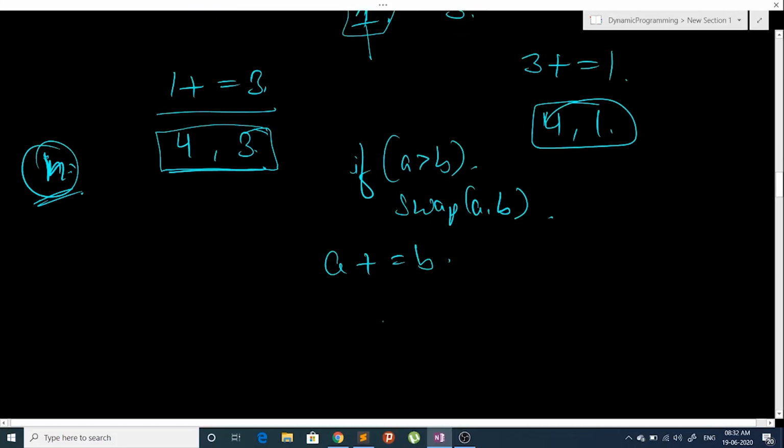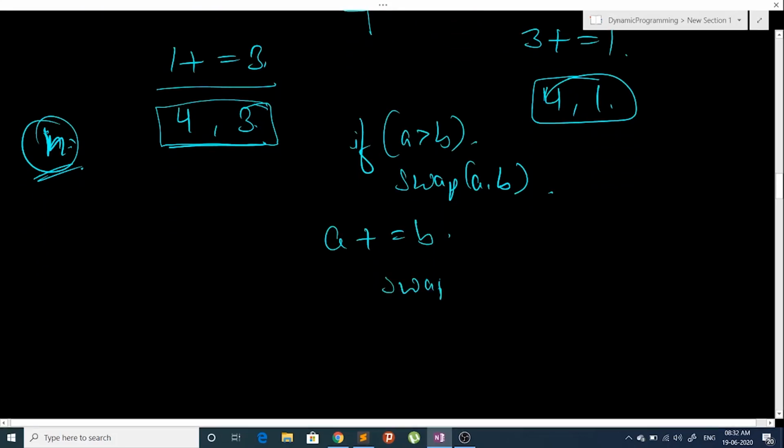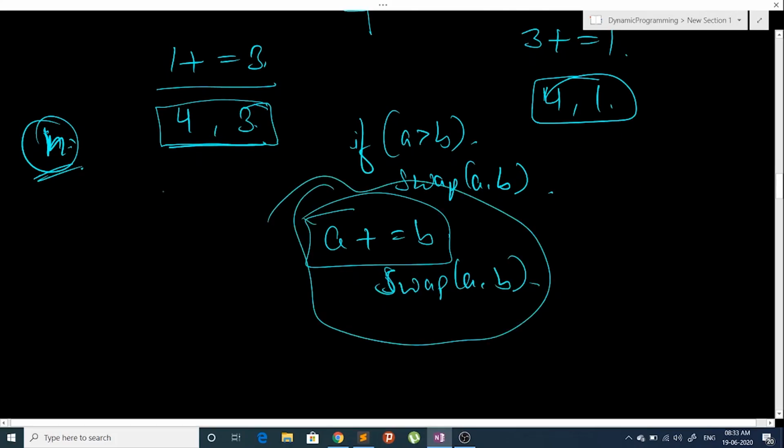And after doing each operation, I will swap a and b, and then again do this operation, and I will run this loop while a is less than or equal to n and b is less than or equal to n. Here will come AND.